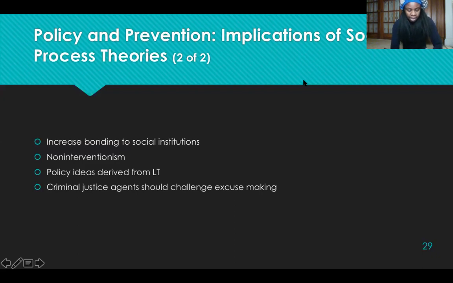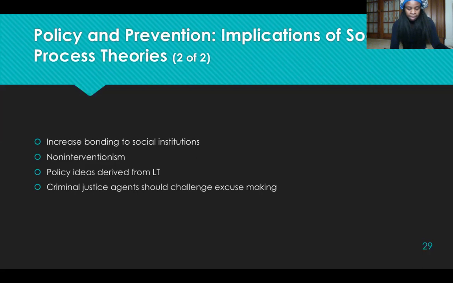Attempts to increase bonding to social institutions would concentrate on increasing children's involvement in a variety of pro-social activities and programs centered in and around the school. Gottfredson and Hirschi advocate some of the same policies advocated by rational choice and routine activities to reduce criminal opportunities. Most important policy recommendations is to strengthen families, improve parenting skills, especially skills relevant to teaching self-control, which are not difficult.